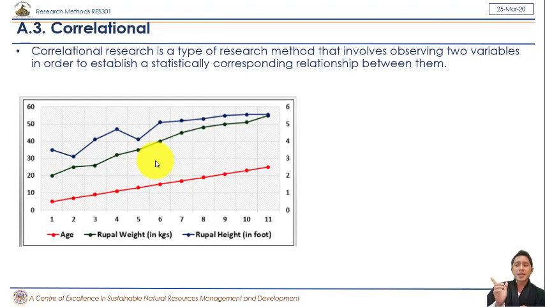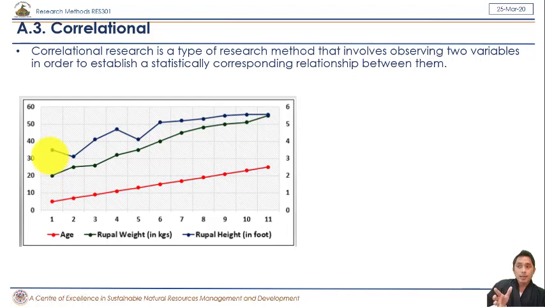Let's say in this one, we have taken a person's weight and height throughout his or her age. At 1 year old, the weight was around 20 kgs. Oh, that's quite high for 1 year.